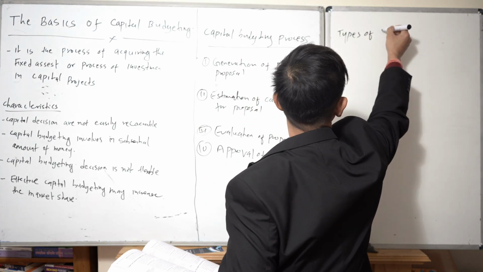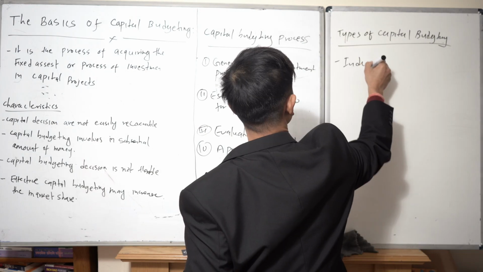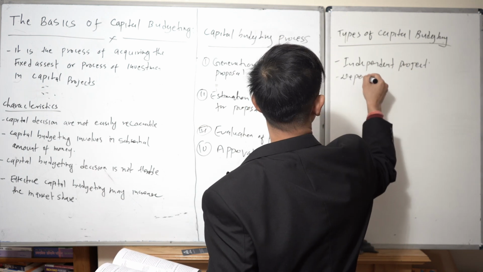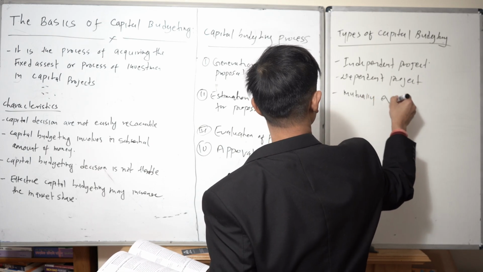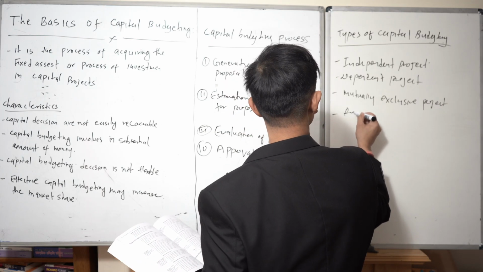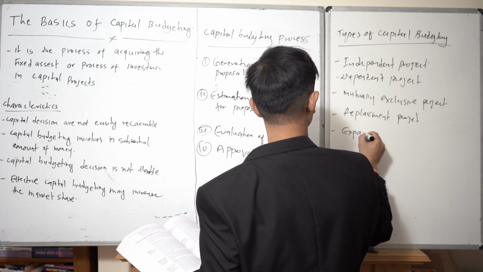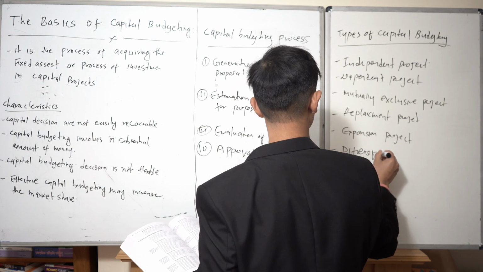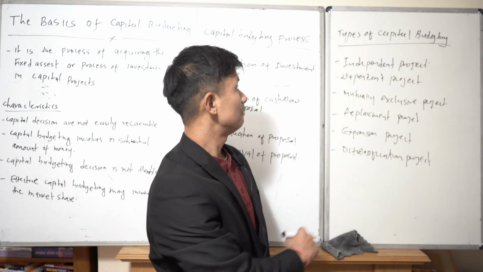Types of budgeting. The first type is the independent project.